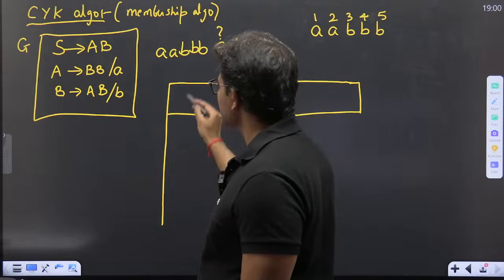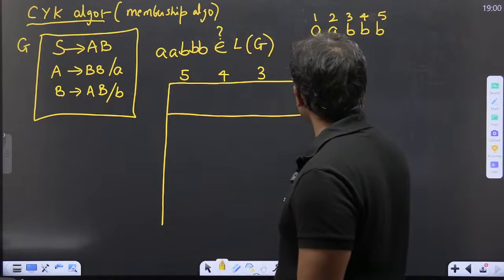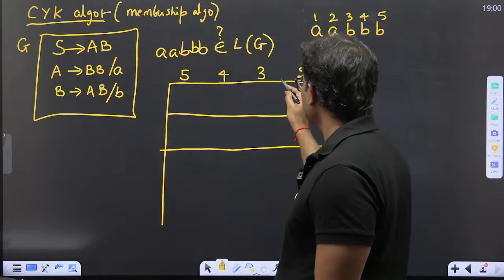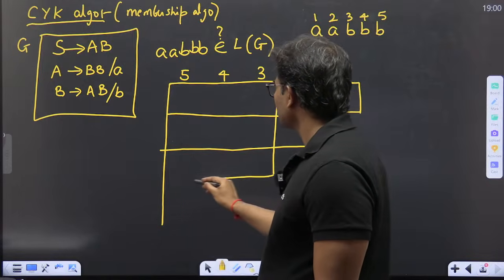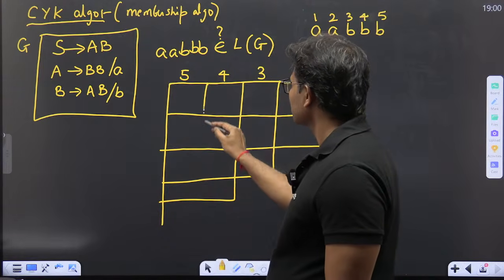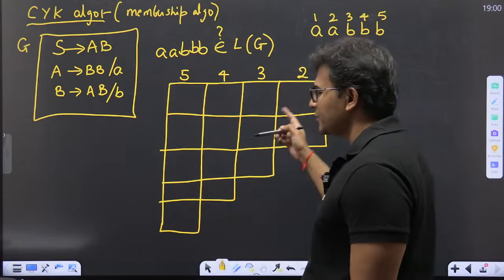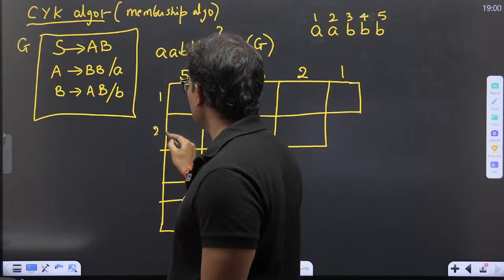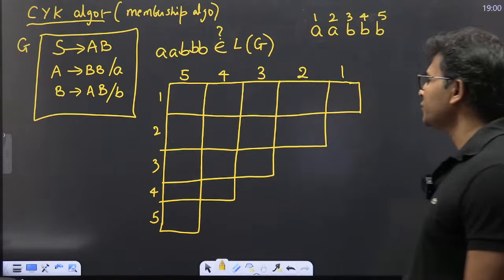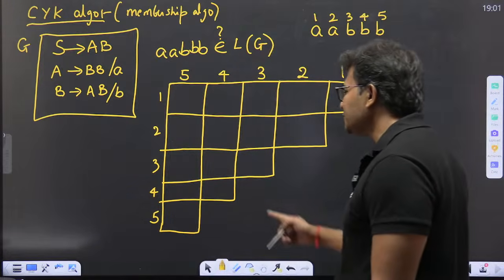You are going to write it as 5, 4, 3, 2, 1, and just write the table like this: 1, 2, 3, 4, 5. Now fill this table.